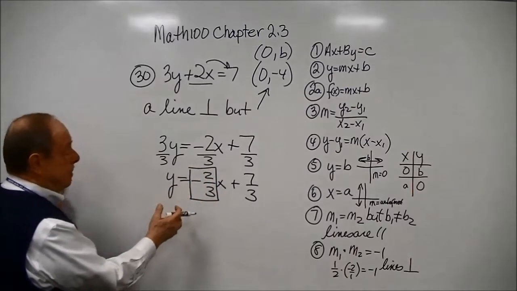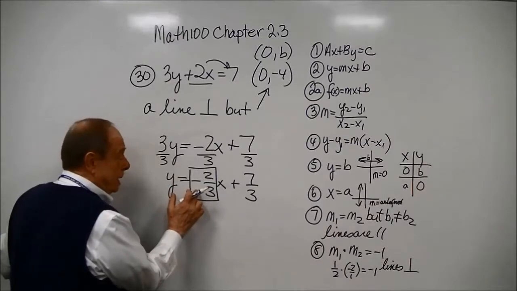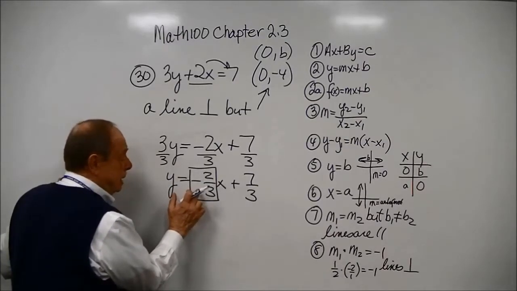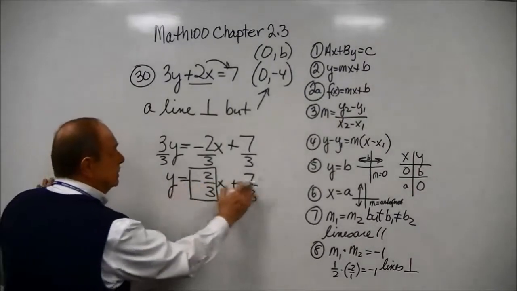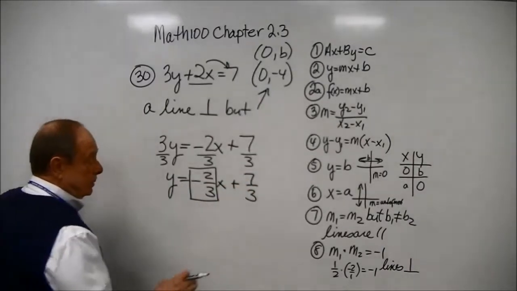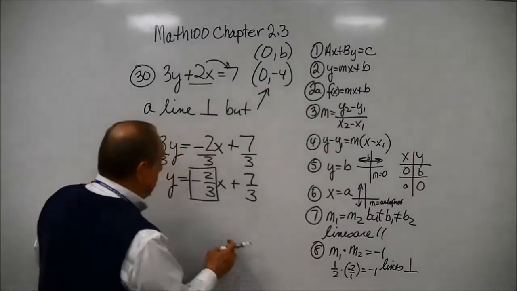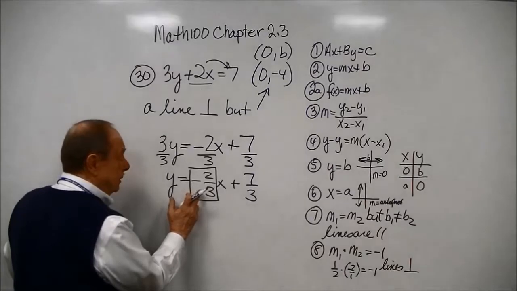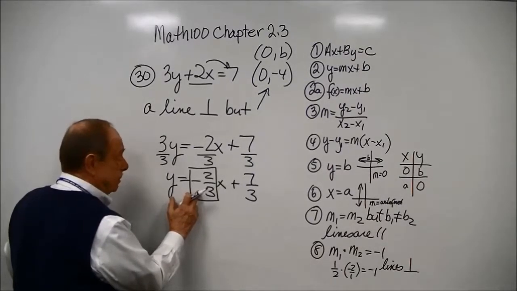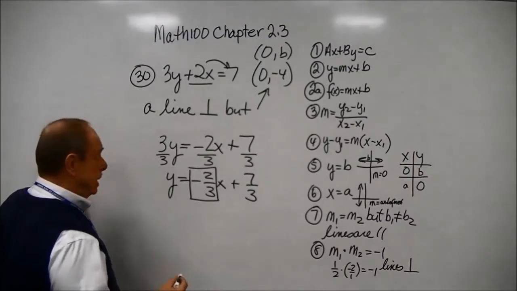Now, in earlier examples, we said we wanted an equation that was parallel. If it was parallel to it, it would have to have this slope. But we want a line that's perpendicular to this equation. So we look over here again. In order for it to be perpendicular, it has to be the negative or opposite reciprocal of this slope. And they want it in function notation.